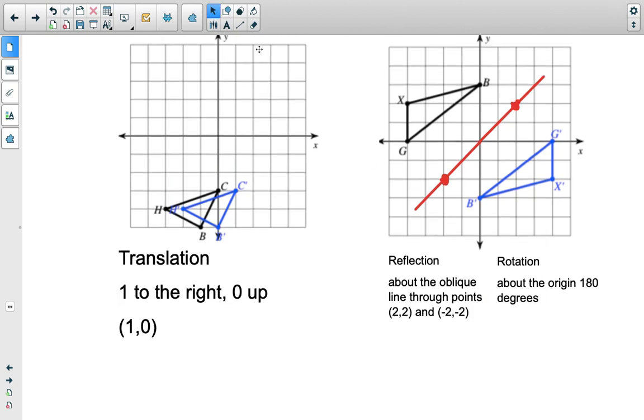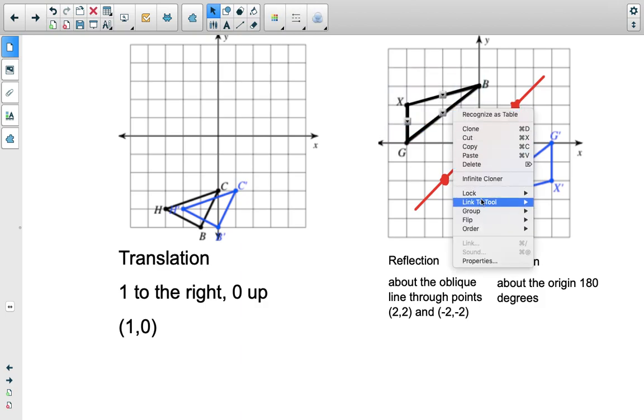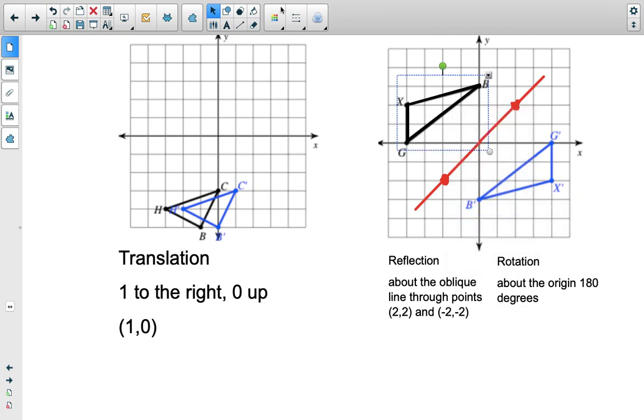But just to show you, I'll quickly draw it. Let me show you real quick if you can't see the rotation.